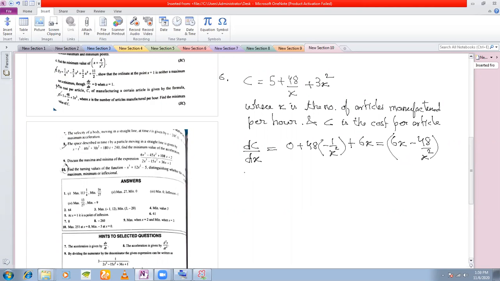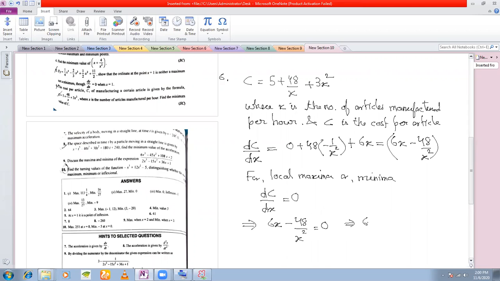For local maxima or minima, what is the condition? The first derivative is 0. So dC/dx equal to 0 gives 6x minus 48/x square equal to 0.